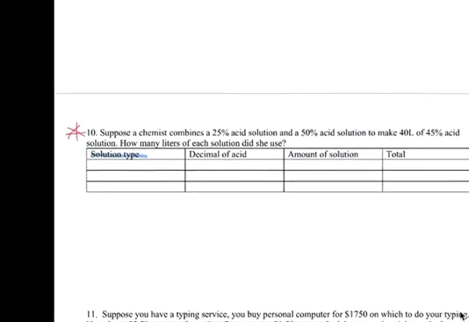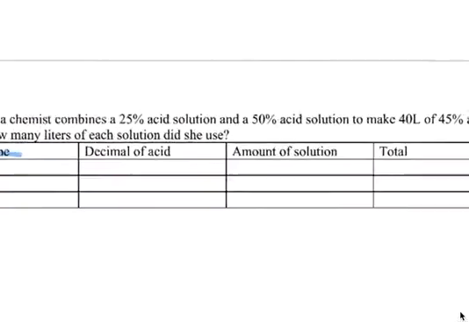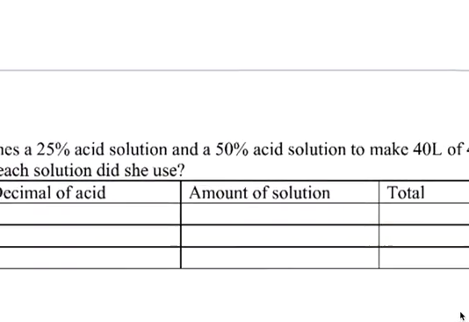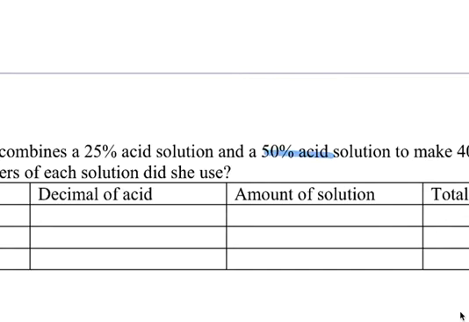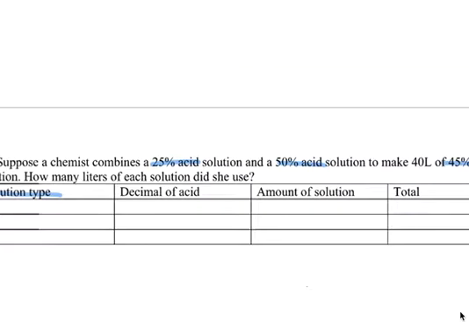In this word problem, you've got 25%, the 50%, and the 45%. You guys see the percent? Those are your solution type of acid, how much acid the solution is.